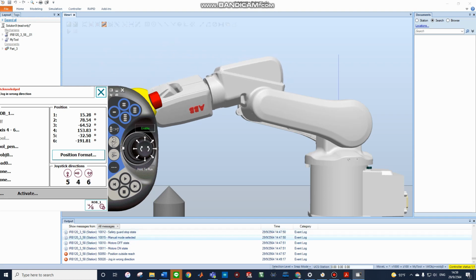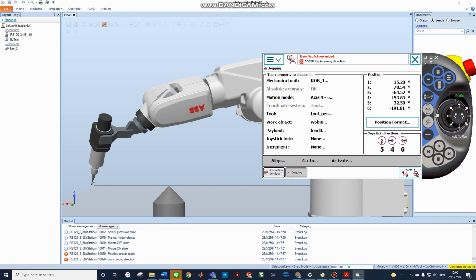Okay, and axis 4, 5, and 6. Axis 4 will move along axis 3.